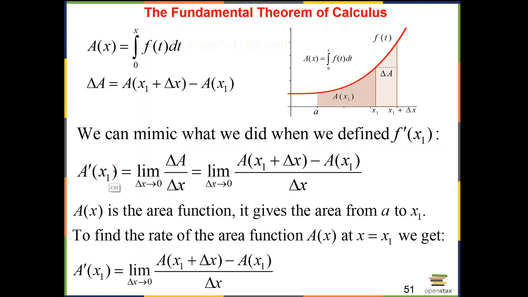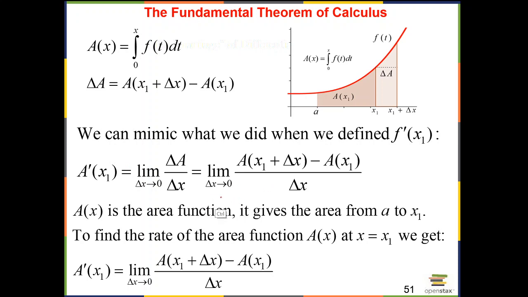So A prime at x1 would be the limit of delta A over delta x when delta x goes to 0. And we already know what delta A is. Delta A is the difference between the area at x1 and at x1 plus delta x, and then over delta x. We have to take the limit of this when delta x goes to 0 to find A prime at x1. Right? Okay, we're going to do that.